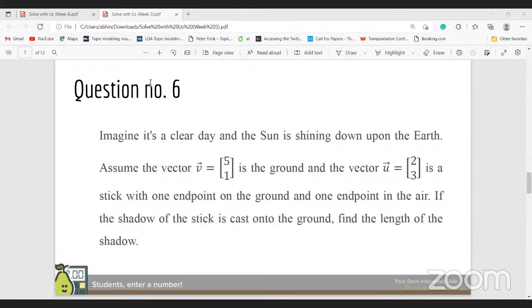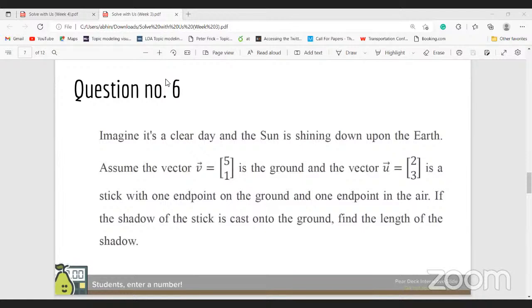Vipin, can you unmute yourself? Yes, sir. Can you tell me how you did this question? Approach. Right. So we have a ground and we have a stick, right? So there will be a shadow of the stick on the ground.